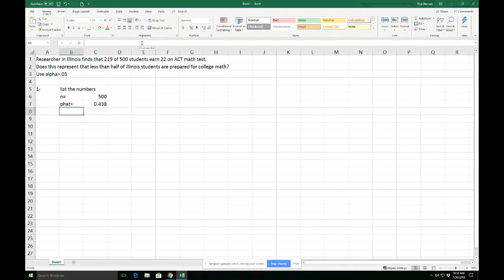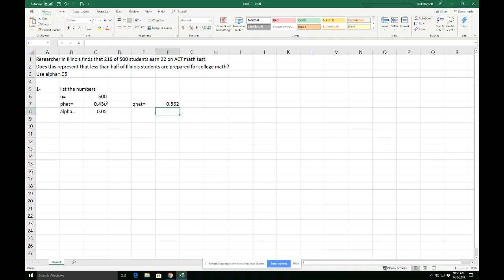Alpha equals 0.05. Do we need Q? Let's call it Q hat. Q hat equals 1 minus P hat. If you know P hat, you know Q hat. So what's P hat?